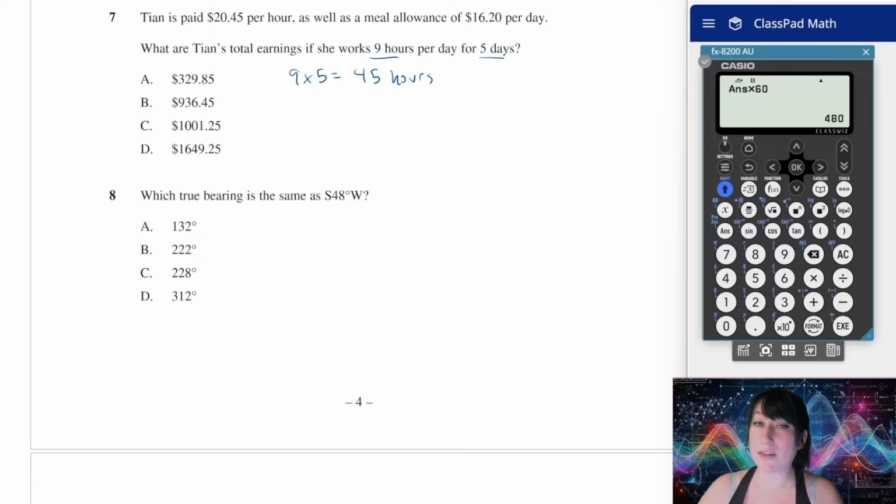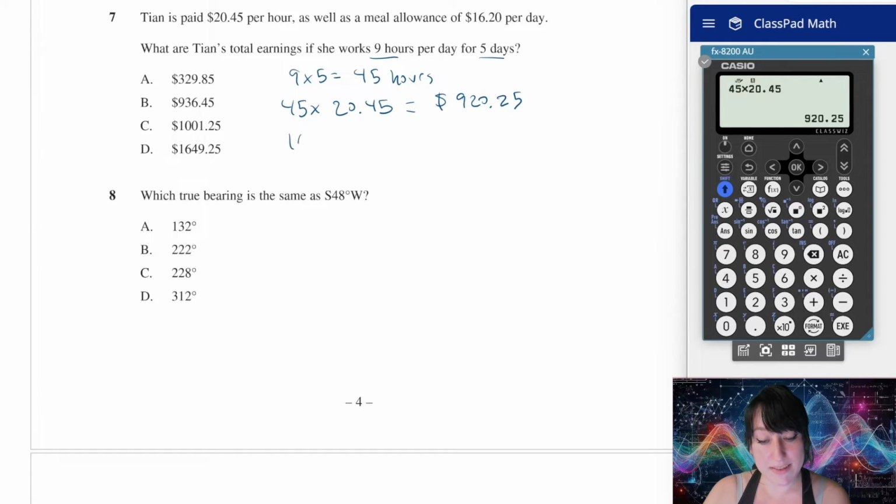She makes $20.45 per hour, so we'll times that by 45 to get $920.25. Don't forget about the meal allowance of $16.20 per day.